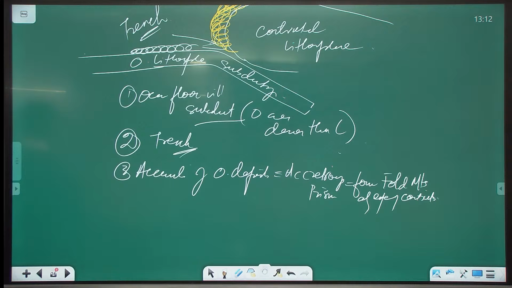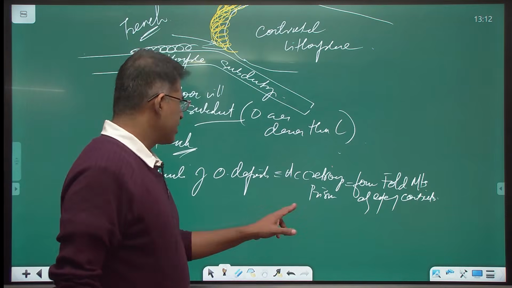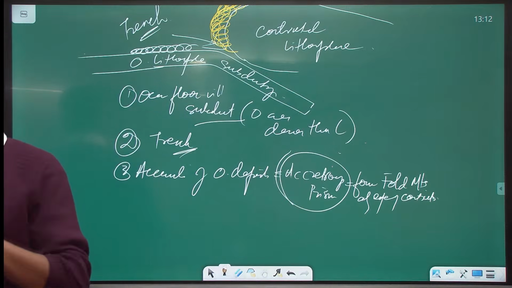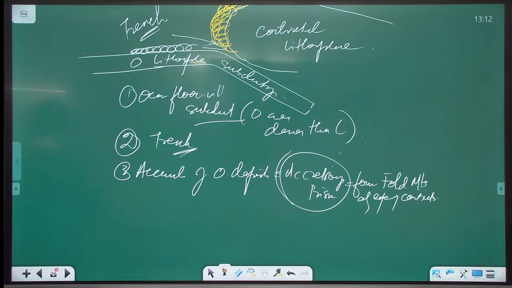We have accumulation of ocean sediments or deposits. Okay, the sediments form the accretionary prism, and this prism forms the fold mountains. It forms the fold mountains along the edge of the continents.